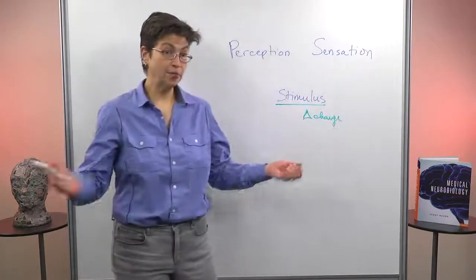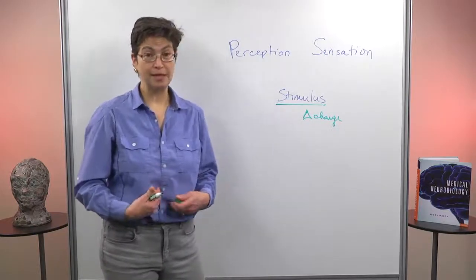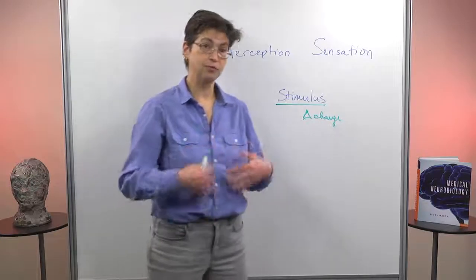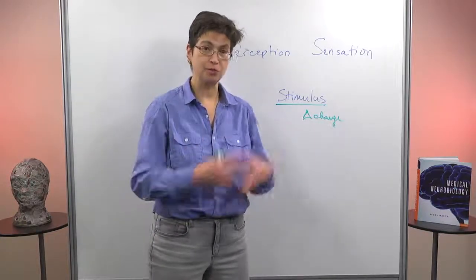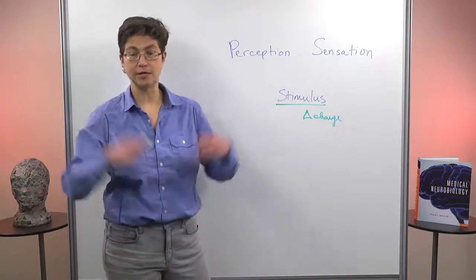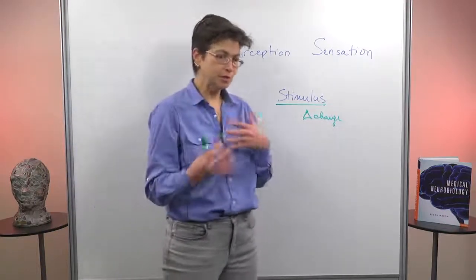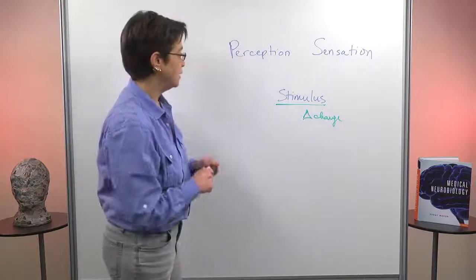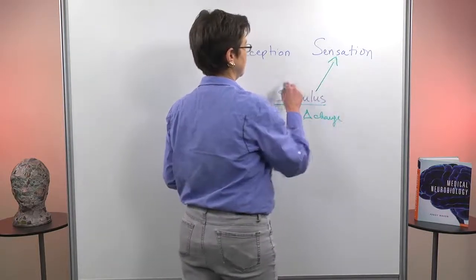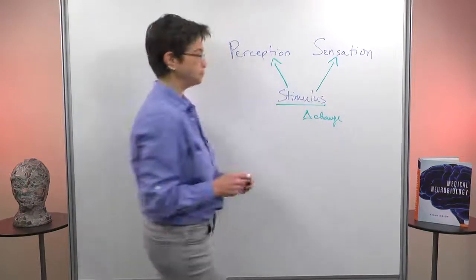It can be in the environment, it could be inside the body. So I just ate a bagel. Well, I'm starting to feel that. My stomach is starting to expand. That's a change. If a light flashes outside, that's also a change. So a stimulus can be inside or outside, and it can result in either a sensation or a perception.